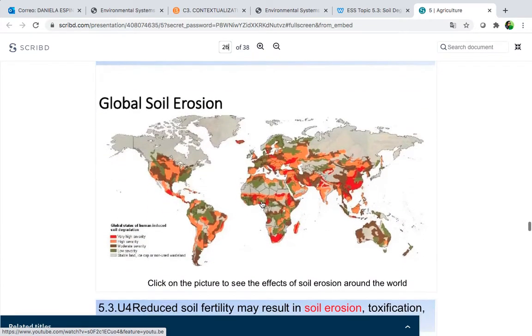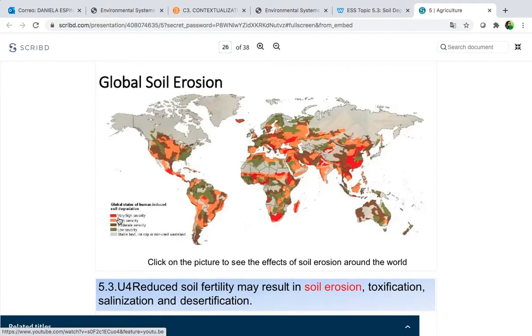In this picture, we can see global soil erosion and the different patches that are classified in very high severity, moderate severity, low severity, and stable one, ice cap or non-use wasteland. So as you can see in Ecuador, we have a green, so low severity. We are a country that is not suffering of soil erosion.